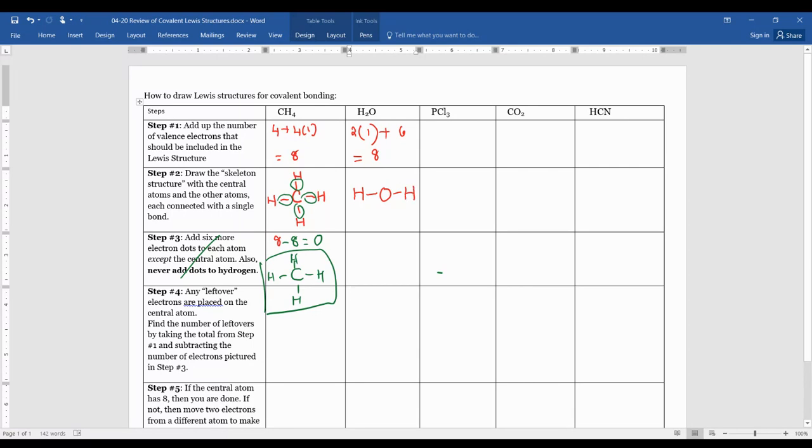The next thing I do is I take the 8 electrons and I subtract. How many electrons should I subtract? I have 2 and a 2, so I have to subtract 4. I have 4 electrons left. So now I have to place these 4 electrons.